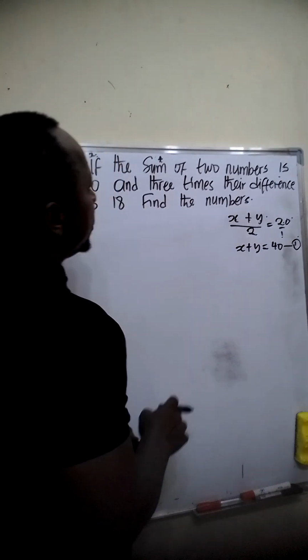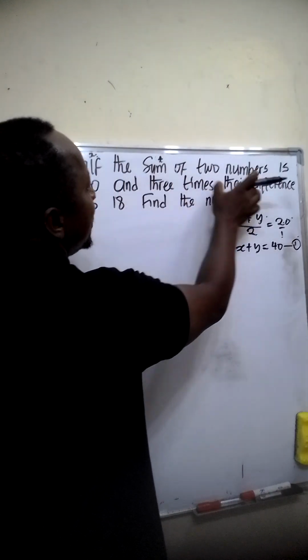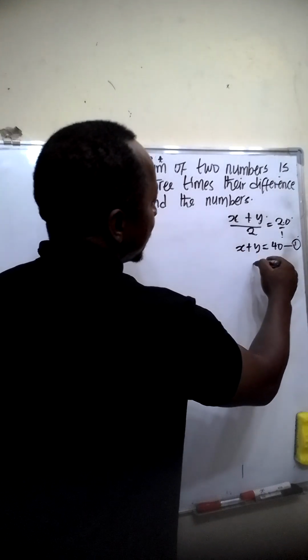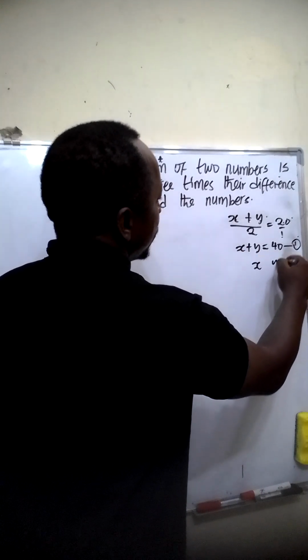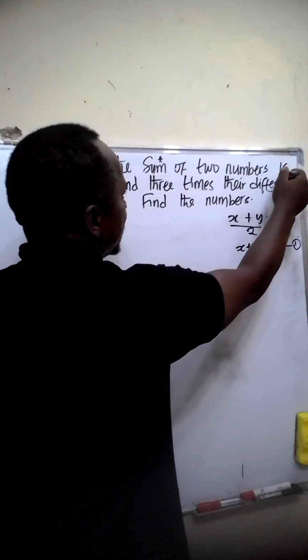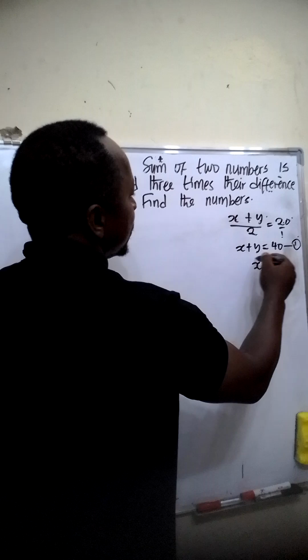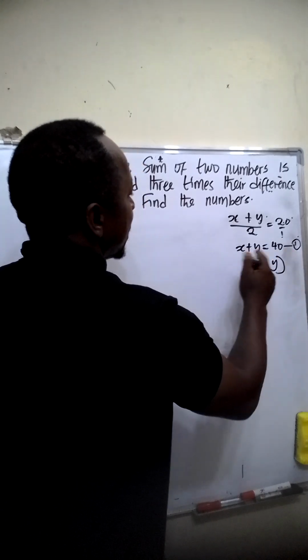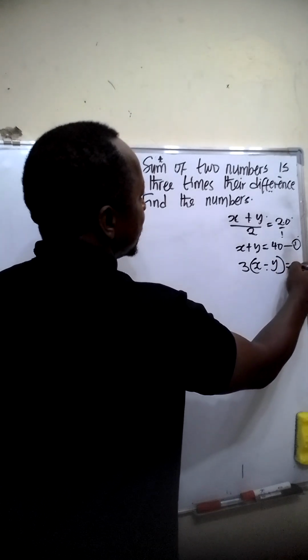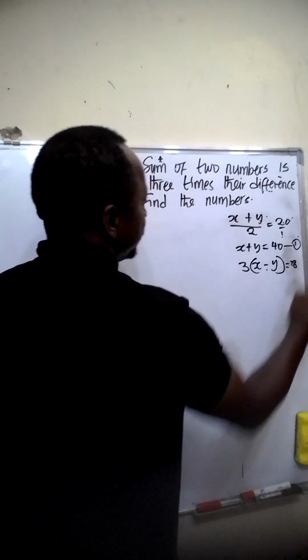From the second statement, we are told that 3 times their difference is 18. If our numbers are x and y, difference means subtraction, that is minus. So 3 times their difference can be written as 3 times (x minus y), and we are told that is equal to 18.